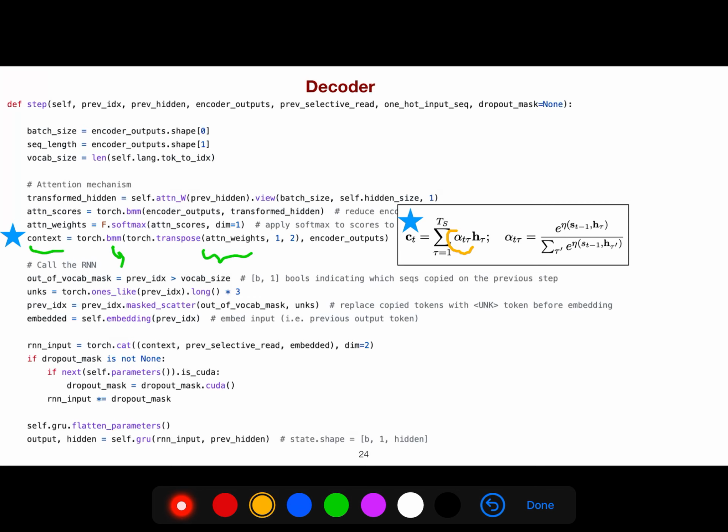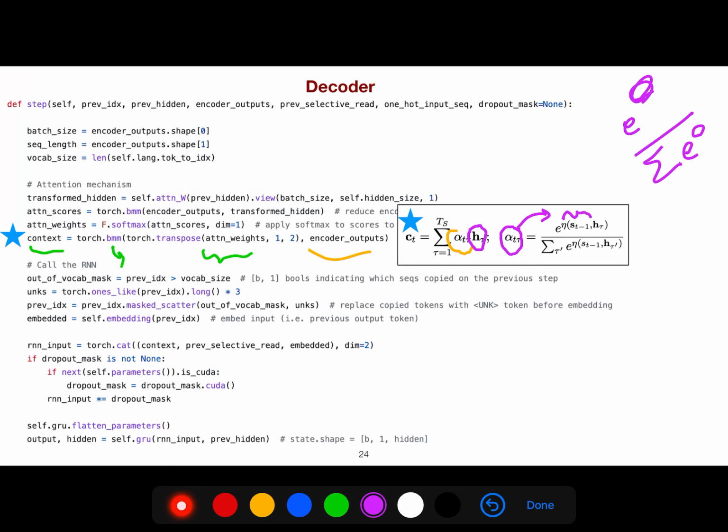And your encoder outputs. What are your encoder outputs? These are encoder outputs. So if you multiply them, you get the context. And what are your attention weights alpha? You can also use this attention weights as the softmax, because e to the something, if you sum them, so this is the softmax of something. And then here the attention score.